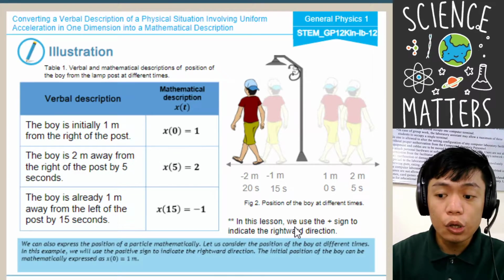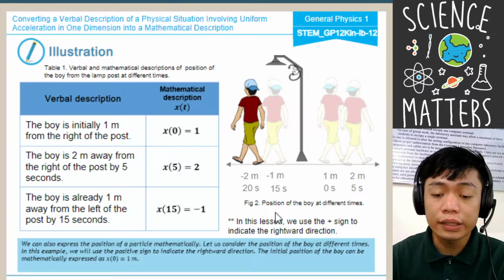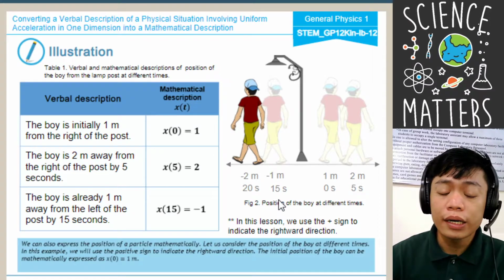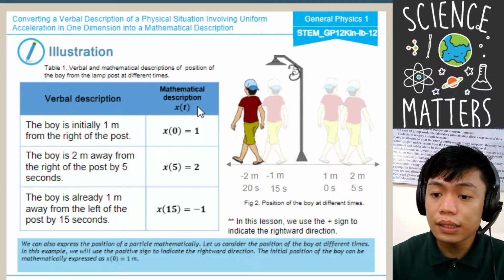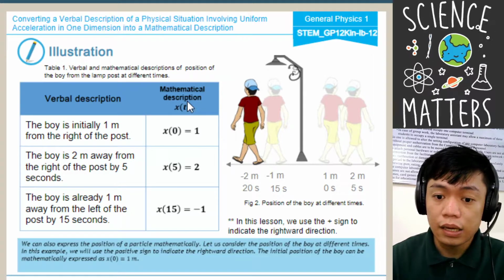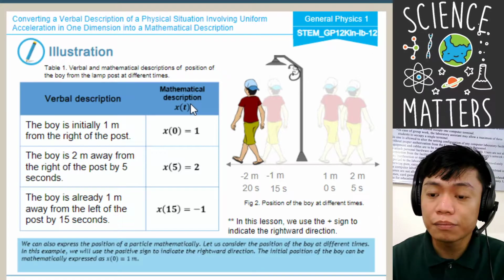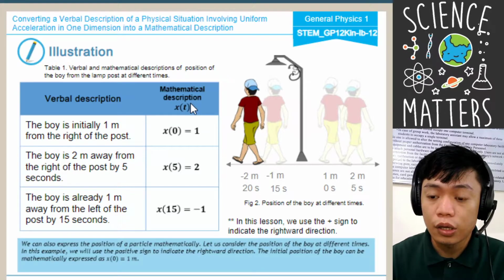In this lesson, we use the positive sign to indicate the rightward direction and the negative sign for the leftward direction. As you can see in this mathematical description, x of t describes the position and time of the boy.